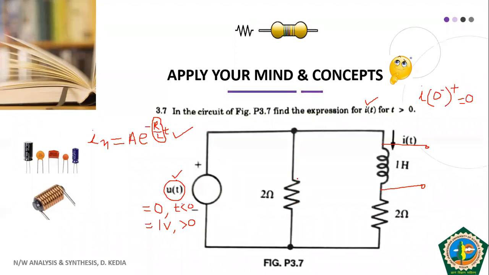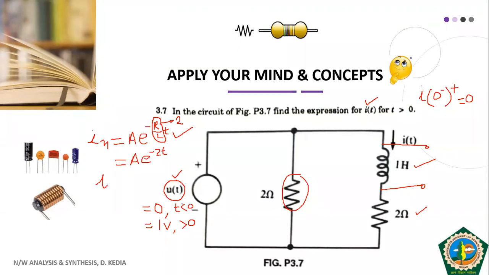So this 2 ohm resistance will be shorted, and we are left with only 2 ohm resistance. So the equivalent resistance will be 2 ohm, and L we already know is 1 Henry. So our natural response comes out to be A e raised to power minus 2t. This is our natural response.